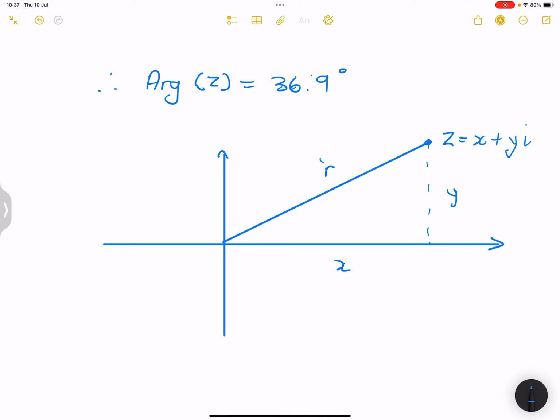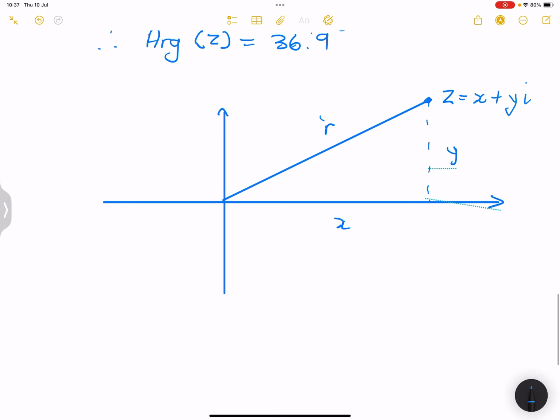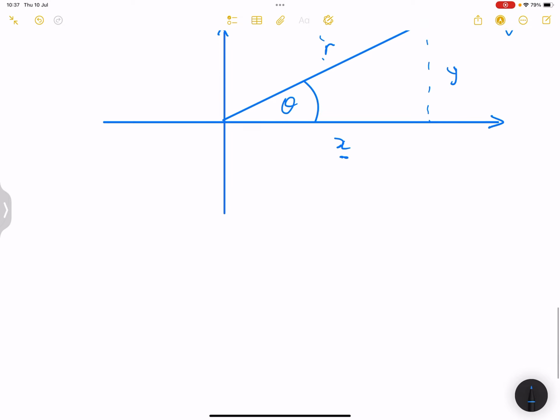Now, please, ladies and gents, if I'm looking at x over r, that's going to be the cosine of my argument. So x over r would be equal to the cosine of theta, which is my argument.